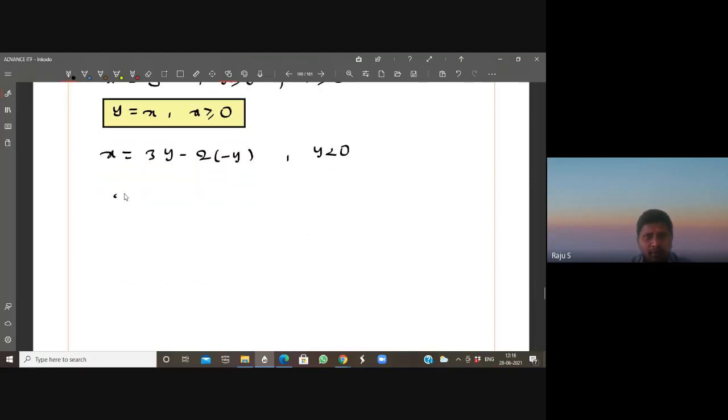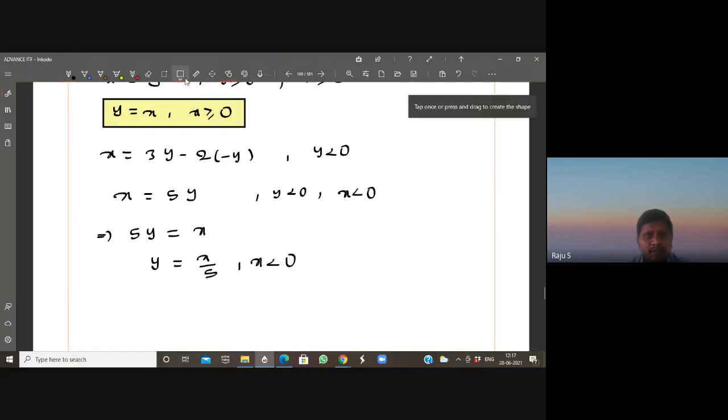So which implies x is equal to 3y plus 2y, that is 5y. Okay, when y is lesser than 0, x also should be lesser than 0. y is negative, x is equal to 5 into a negative value, so x is also negative. Shall I write 5y is equal to x, then y is equal to x by 5. Yes, then x lesser than 0.